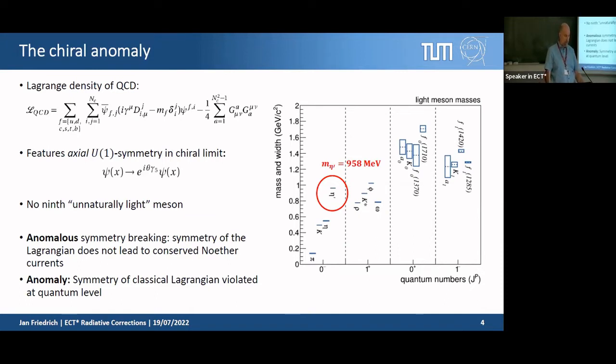This is anomalous symmetry breaking: the symmetry of the Lagrangian is not there at the quantum level, so it does not lead to conserved neutral currents, and the eta prime is normally heavy, let's say, for a hadron.